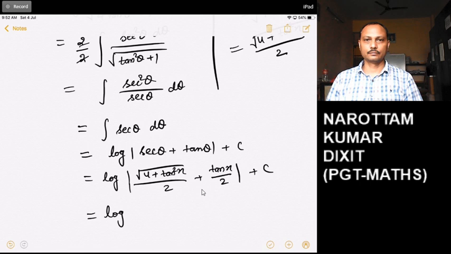So it is log of square root of 4 plus tan square x plus tan x minus log 2 plus c.